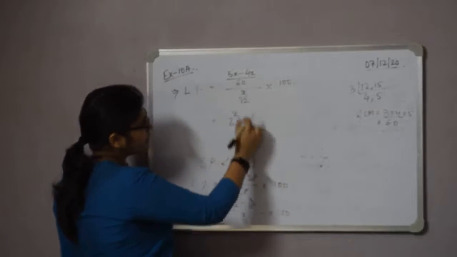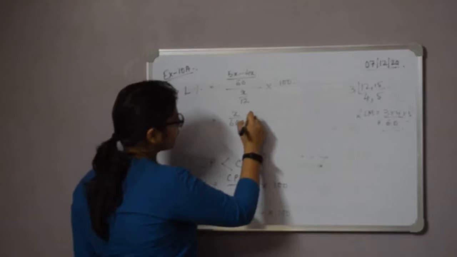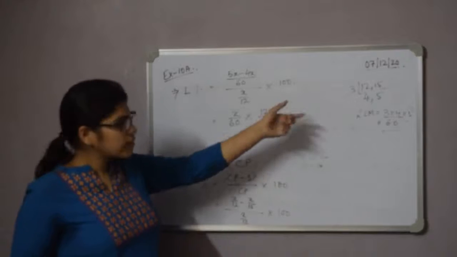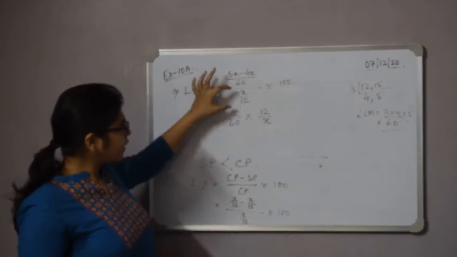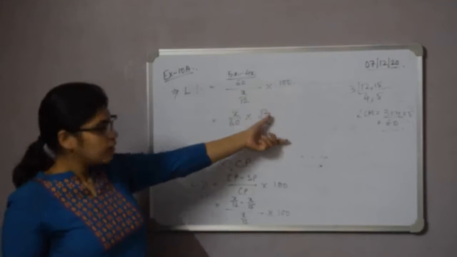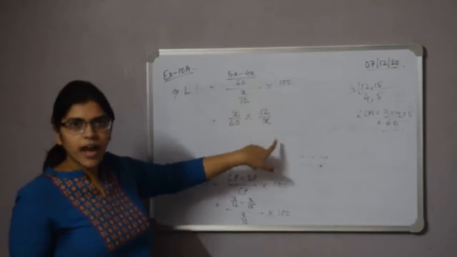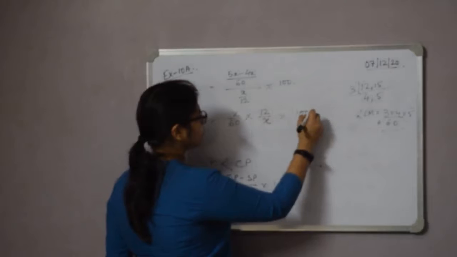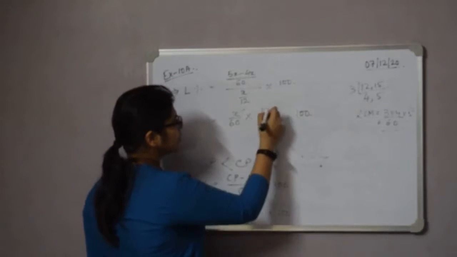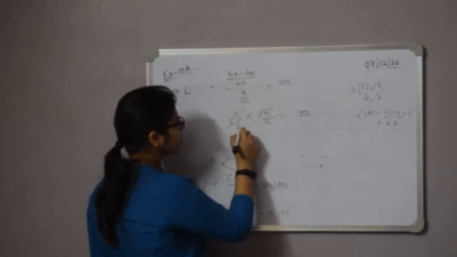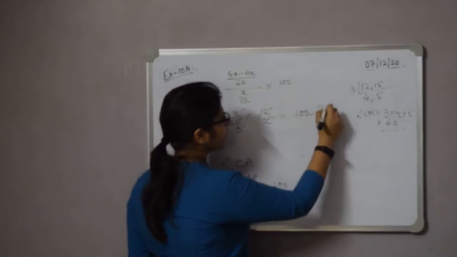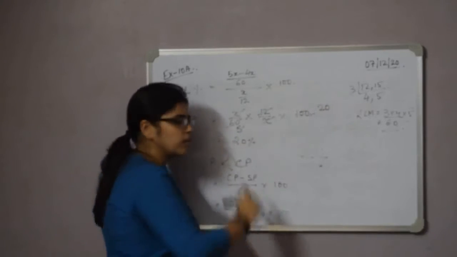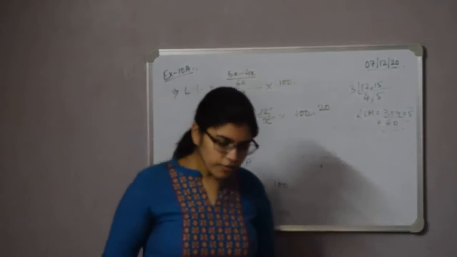Now this is divided by, so we can write multiplied with 12 by x. We can just reverse it because it was division. So while multiplication you have to reverse the order. So 12 becomes in the numerator and x comes in the denominator into 100. So x and x cancels. This becomes 12, 5 60, and with 5 we have 5, 2, 10, 500. So our loss percent is 20%. So that is all for today, students.